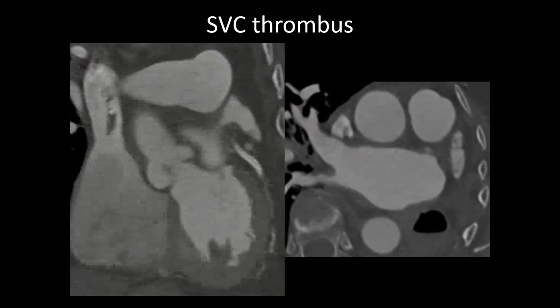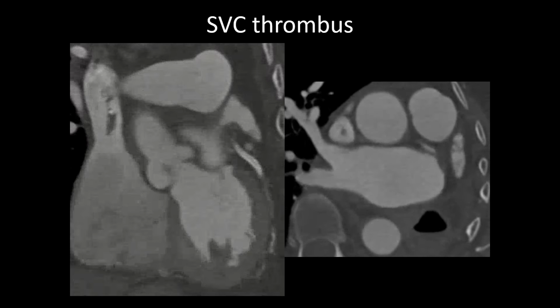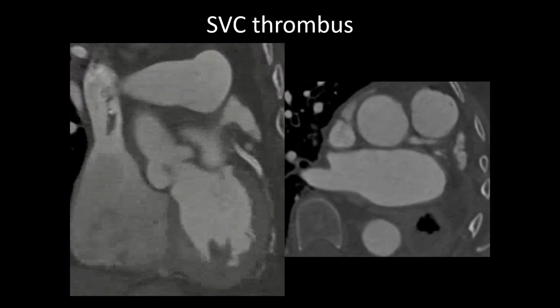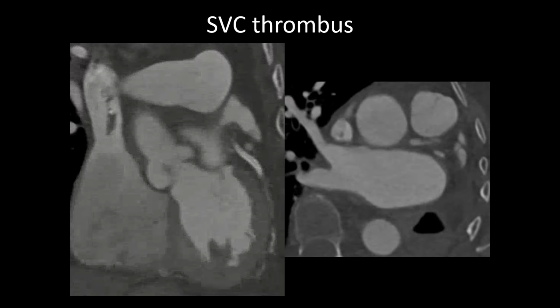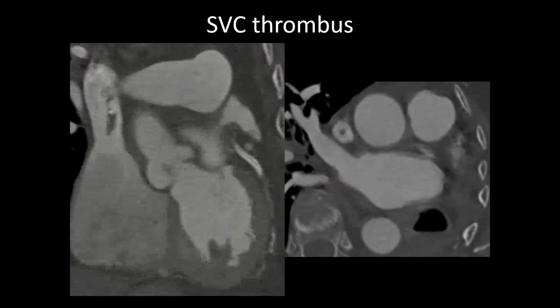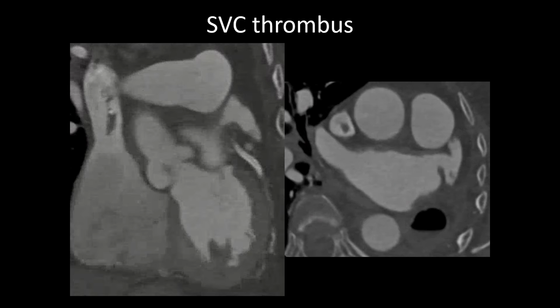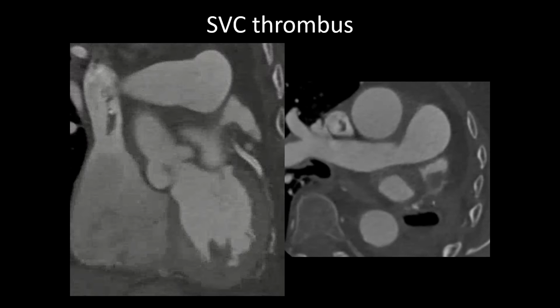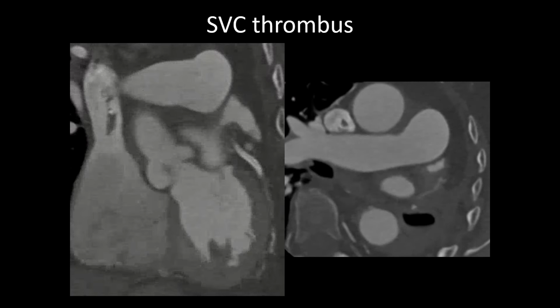That was later increased to 10, and then when we had the sequential last CTA that showed not only that there was persistence of the aortic atheroma and mobile thrombus, as well as the other findings of progression of the LAD, we upped her Crestor from 10 to 20 milligrams daily.